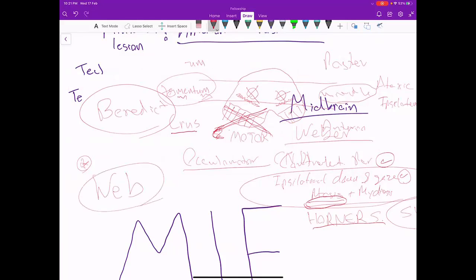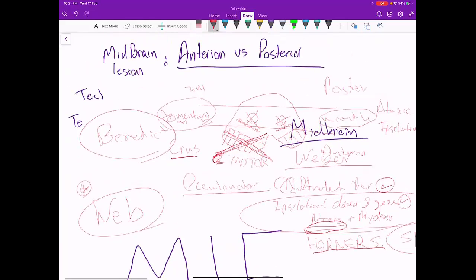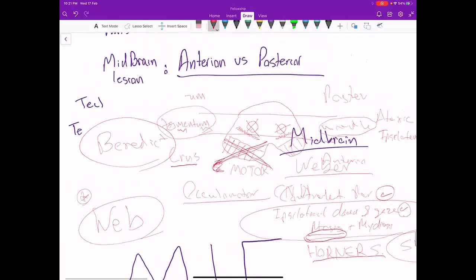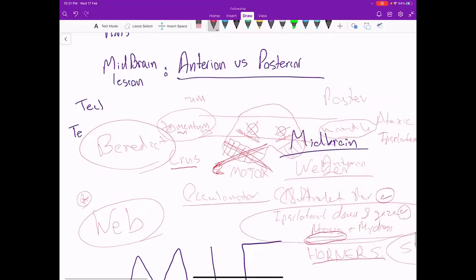You're stuck. All you have is contralateral paralysis, and anything in the midbrain will have ipsilateral oculomotor. Okay? That's Weber. Benedict, you're going to have everything else. Ataxic gait, postural, oculomotor. Okay? So that's it. That's your midbrain.